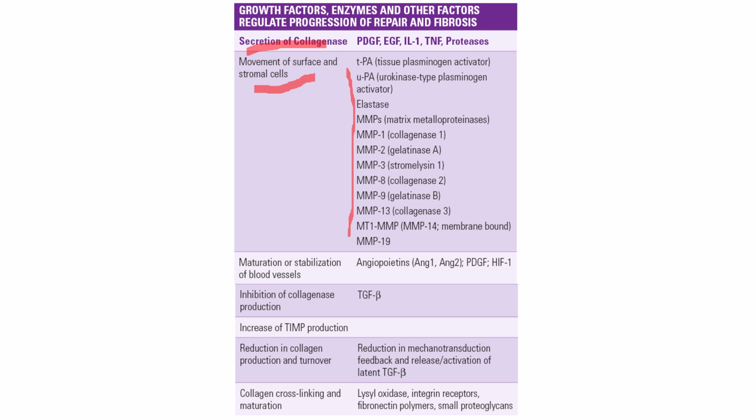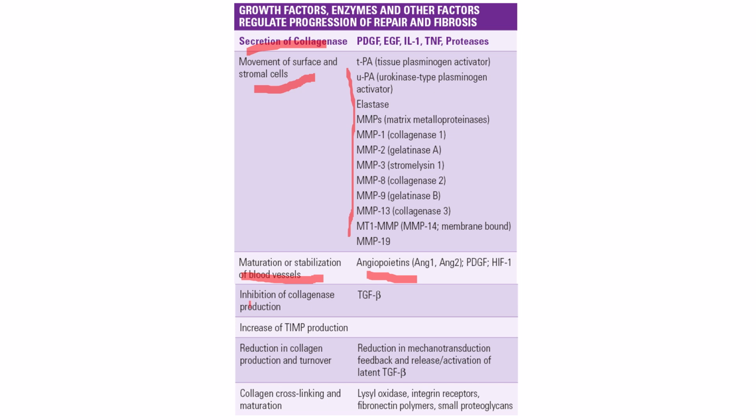These facilitate the cell migration and matrix remodeling by degradation of the extracellular matrix. Then there is maturation or stabilization of the blood vessel, that is by angiopoietin 1 and 2, platelet-derived growth factor, hypoxia-inducible factor 1, and they promote vascular stability and maturation.